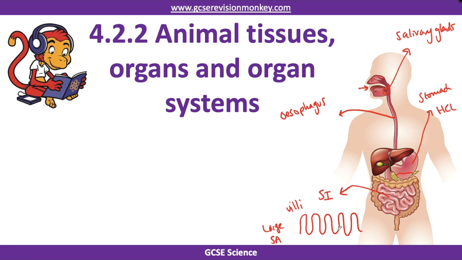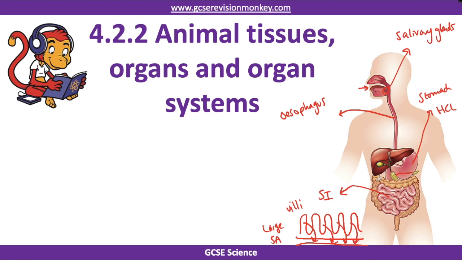So these folds in the small intestine, these villi, have a close network of capillaries next to them as well. So there'll be capillaries nearby and wrapping around so that small molecules can move out of the villi into the bloodstream, things like glucose and amino acids.